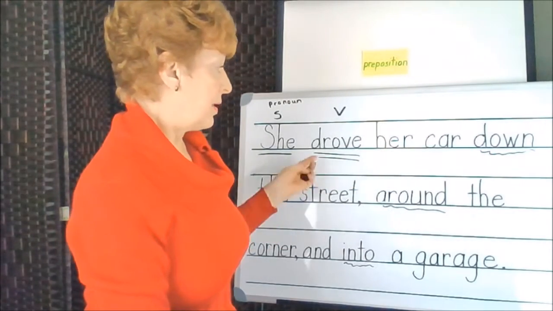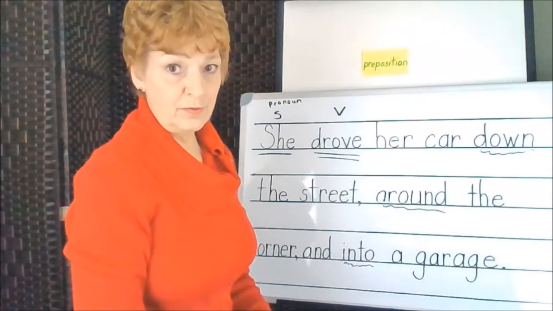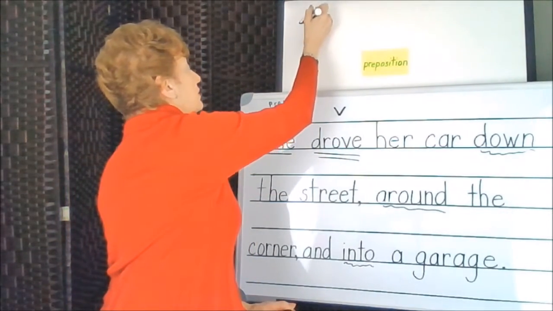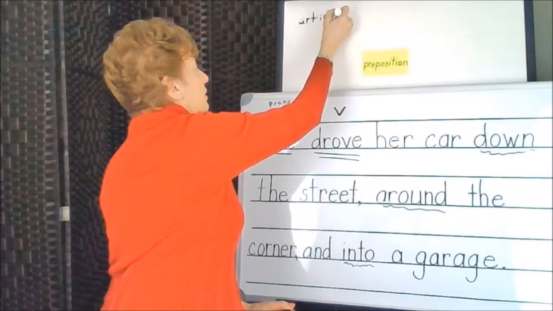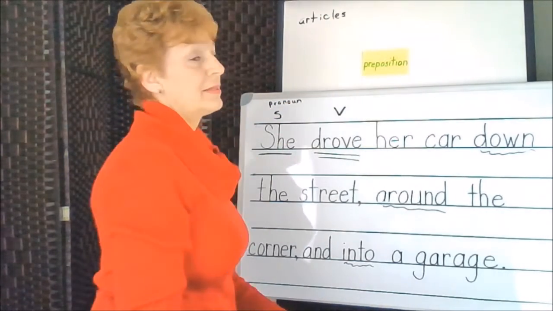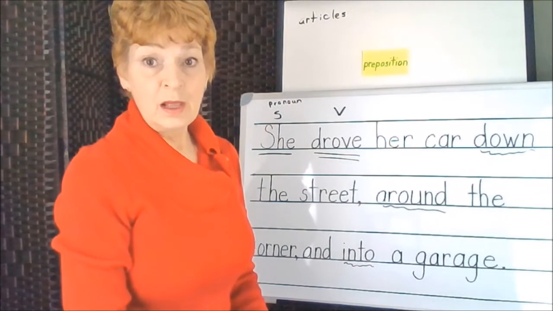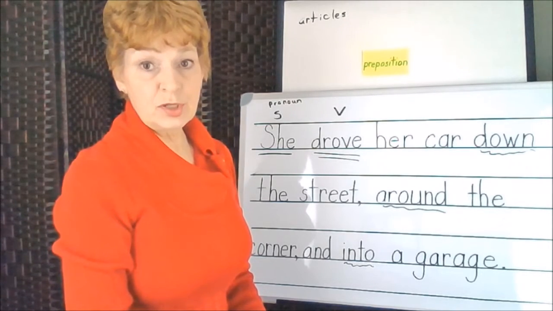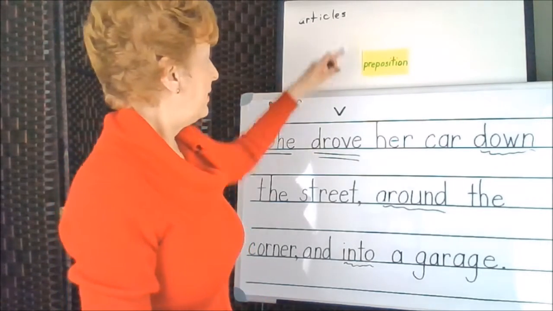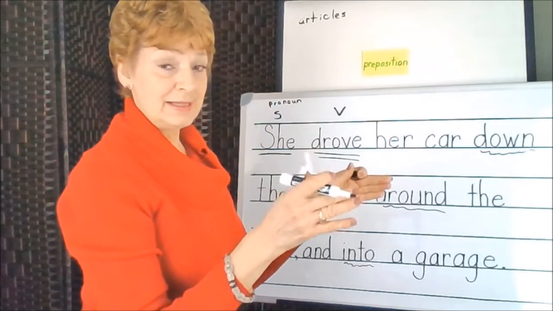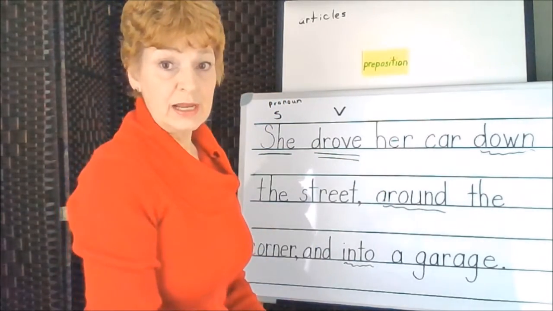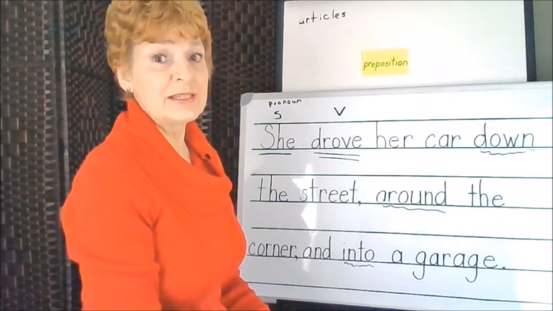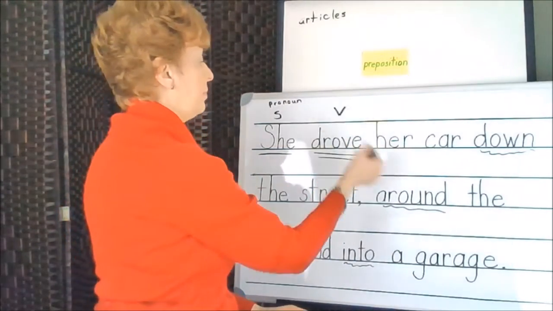The next thing that could pop out for your child would be an article. We've talked about articles before in another video. The articles are special adjectives, sometimes called noun markers. These articles tell you that there is a noun, either the next word past it or in the vicinity of the article.